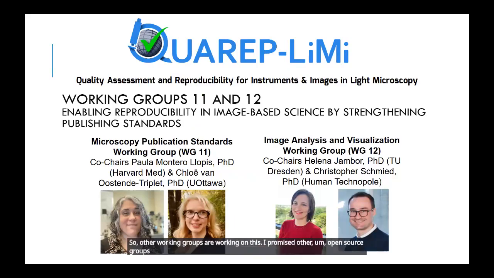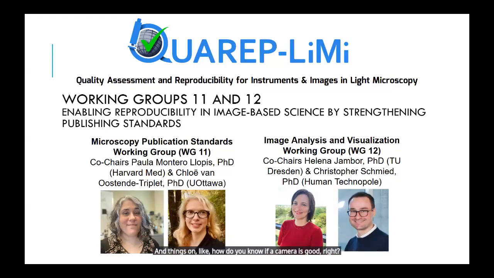So besides the OME, there is what is called QUAREP-LiMi, Quality Assessment and Reproducibility for Instruments and Images in Light Microscopy, and they have maybe 18 working groups now, something quite high. They have people like NIST on it doing NIST image calibration details, and things like, how do you know if a camera is good, right?